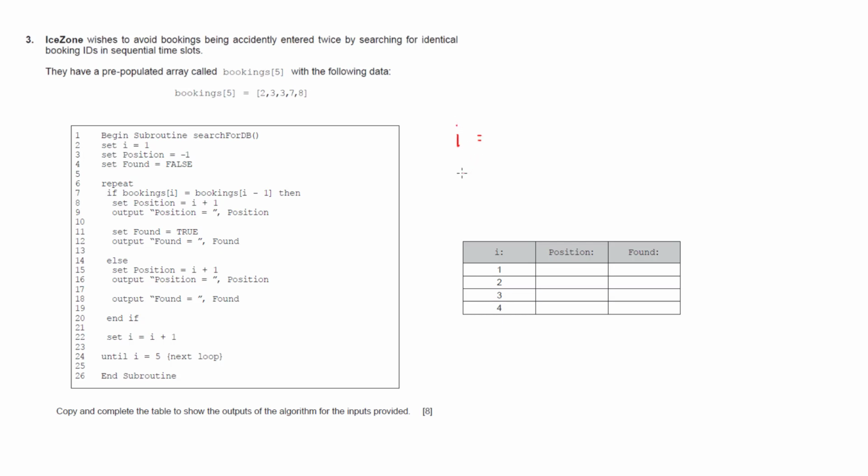So I've got position, I've got found, and I think that's it. Yes, these match what is in my table. I've got position and found in my table as well. And the reason why I write down my variables is so I can add or change them as I'm running line by line in a sequential fashion.